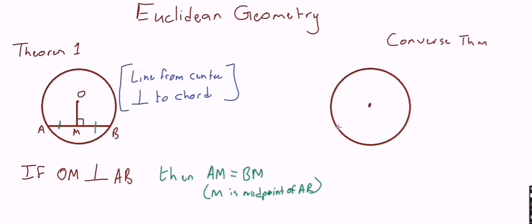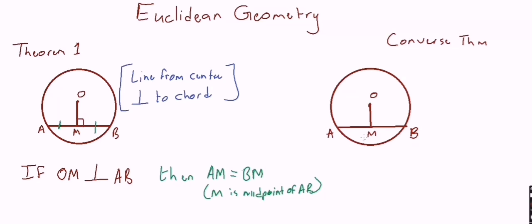So if I've got a chord, let's say the chord is here, and then the line from center is from there to there. Now, if the center is O, the chord is still AB, and then the line from center to chord is OM.